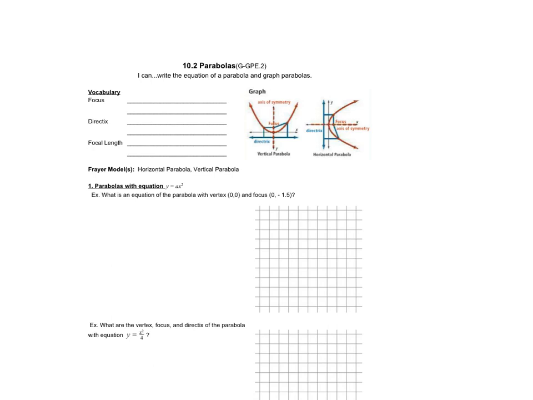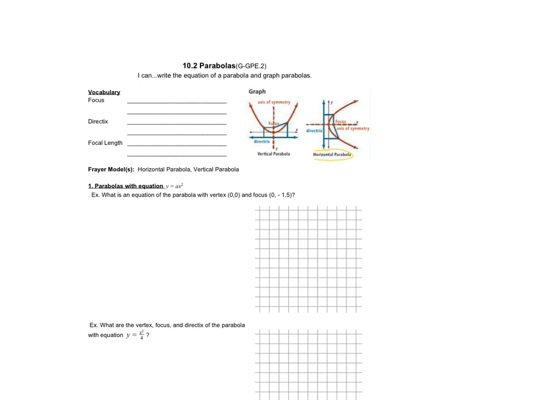If you look at our two examples, we have a vertical parabola right here. Now this is what we are used to looking at in the parabolas that we've done up until now, and it might be something that you recognize as y equals x squared. But you'll see here that not all parabolas are going to be a function, meaning they will not pass the vertical line test, because we have the horizontal parabola.